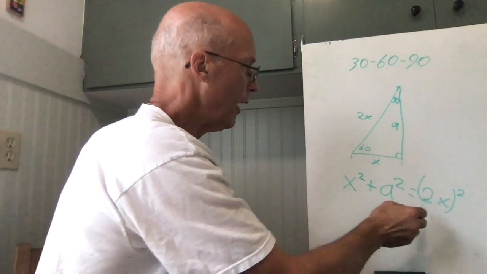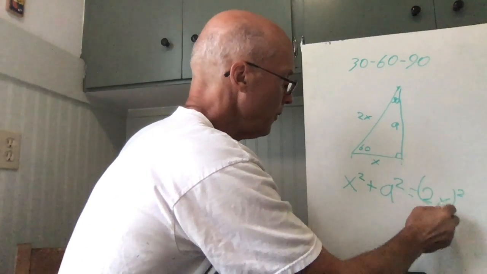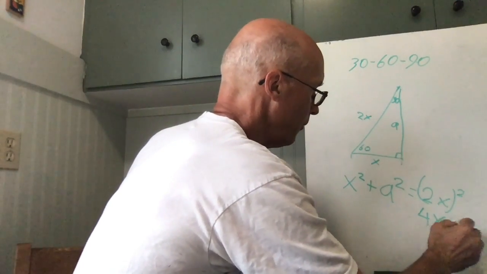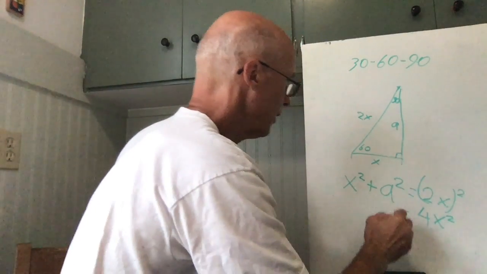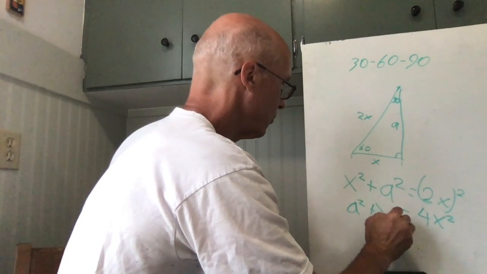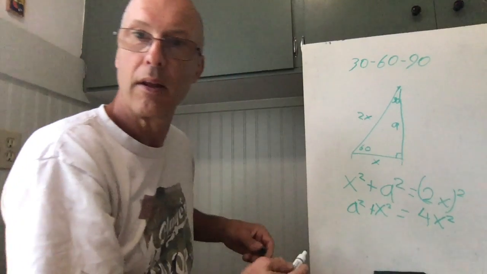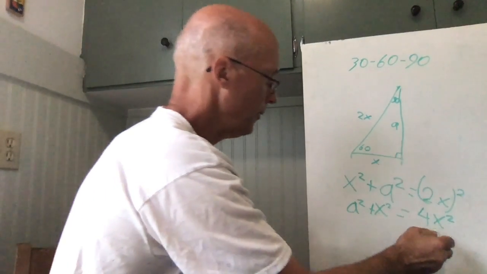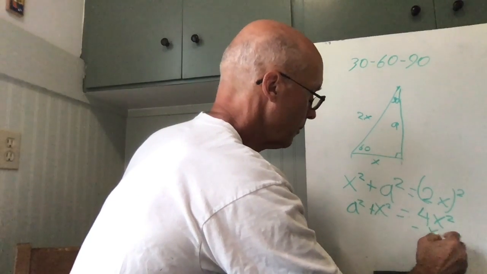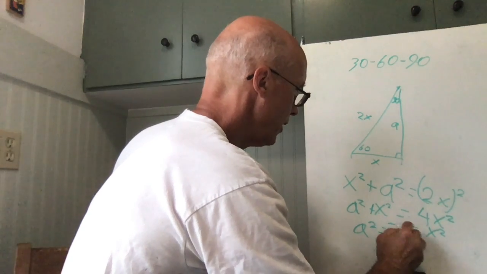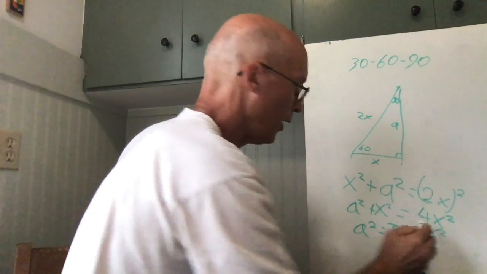So let's do a little algebra. 2x squared, or 2x, the whole thing squared, you know is going to be 4x squared, right? And we have a squared, and we have this x squared. Take away x squared from this side and from this side. And you're left with a squared equals 3x squared.